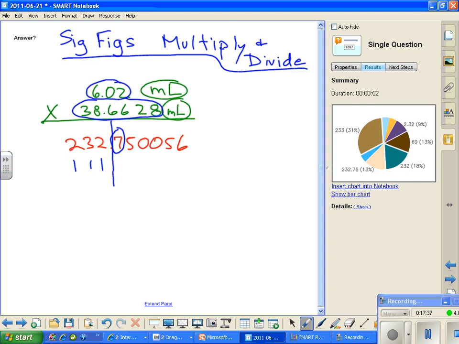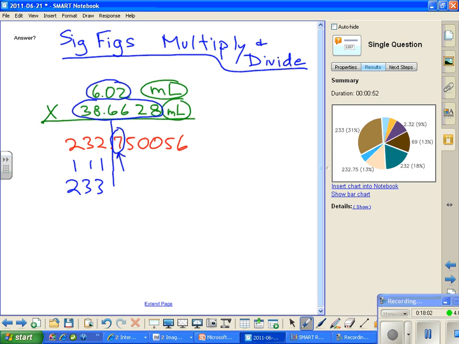I wish we would have one come out so that it's less than 5, because you don't always round up. Don't get the idea you always round up. It's only because this number is 5 or larger. So because the 7 is 5 or larger, we're going to make this 233, and that is our final number, and the 31 percenters have it.